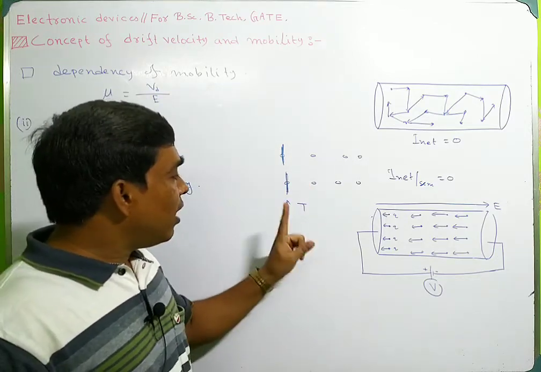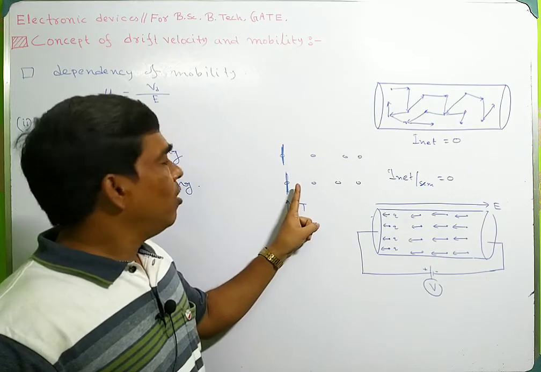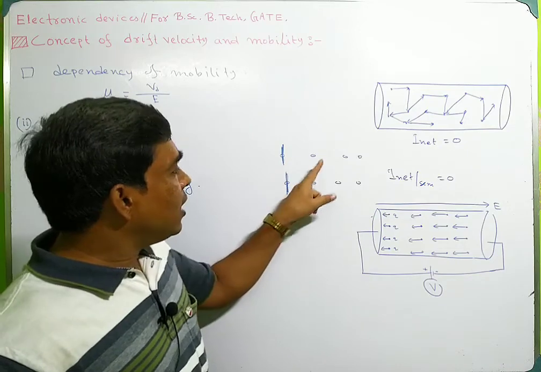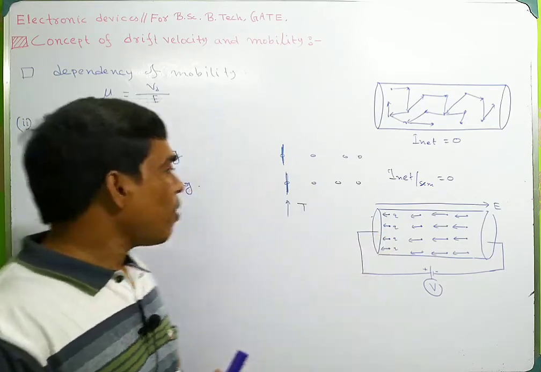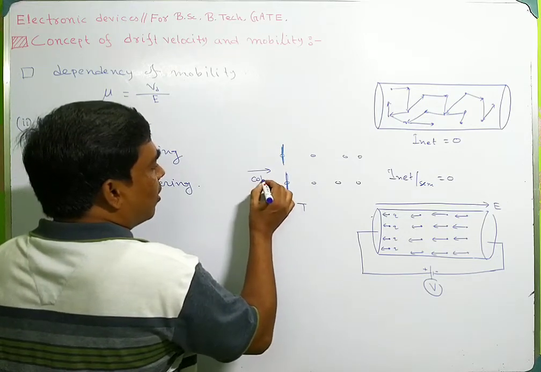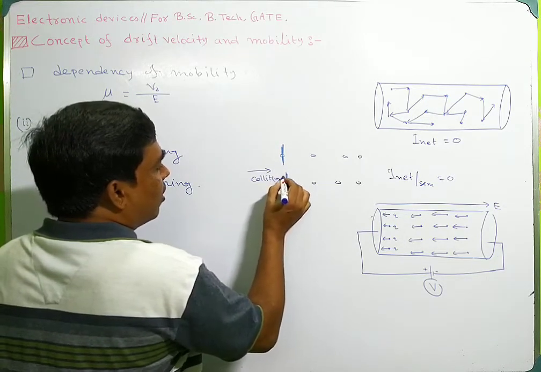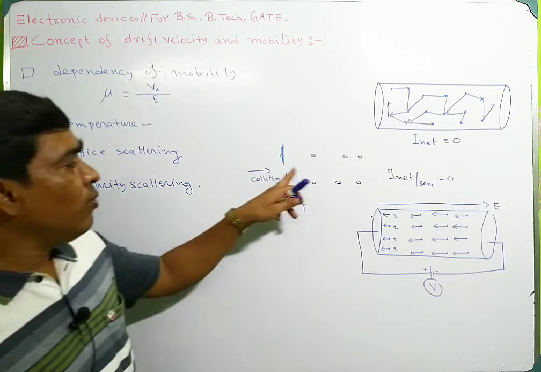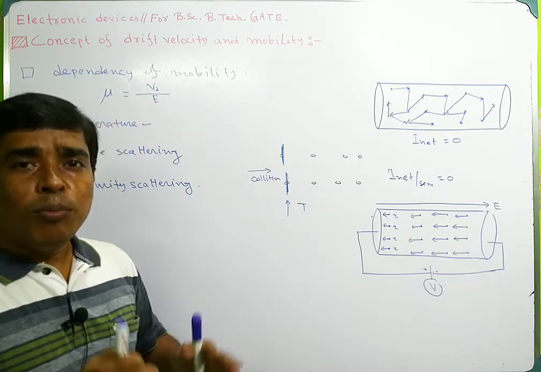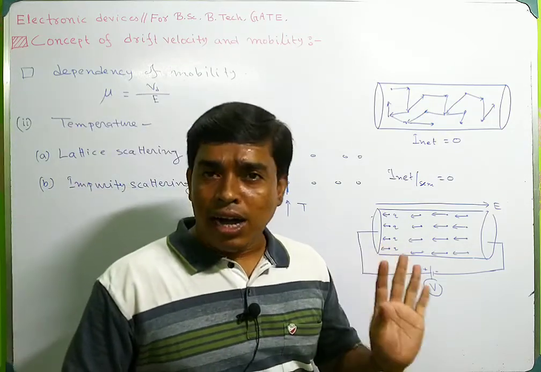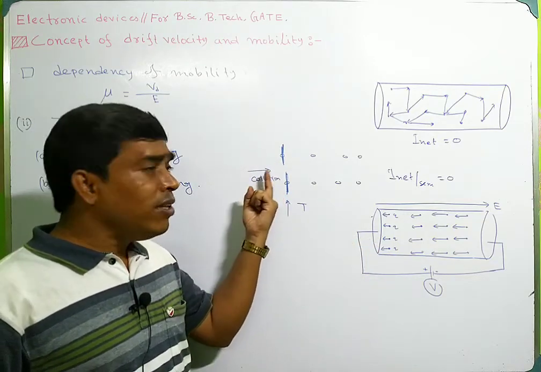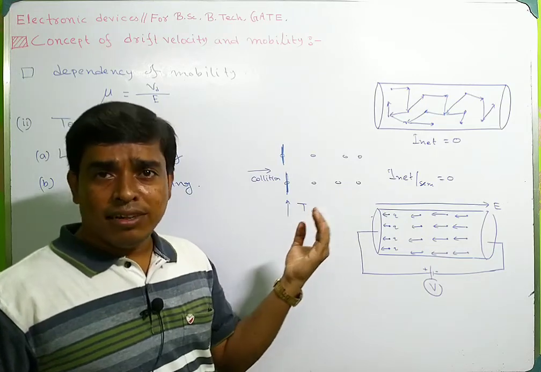So if I increase the temperature of this crystal, the vibration of each atom will increase, and then the collisions will increase. If the charge carrier collides more and more with the ions, then the velocity of the charge carrier will decrease.